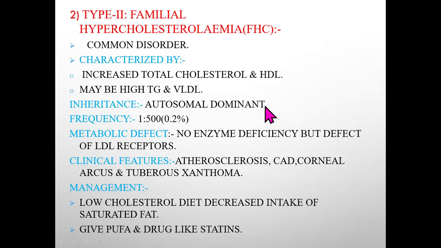It means the patient inherited the mutated gene from only one parent, either the mother or the father, and it occurs 1 in 500, so 0.2%. Metabolic defects, there is going to be no enzyme deficiency, but defect of low density lipoprotein receptors.